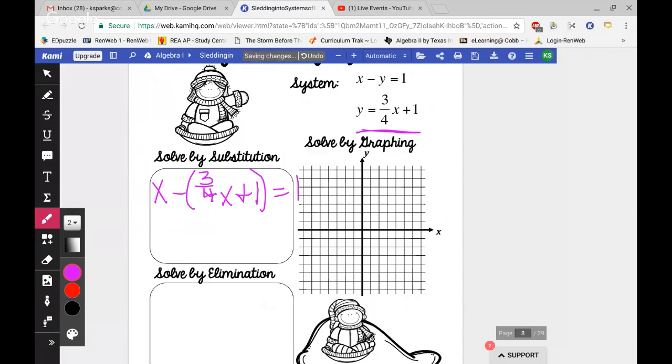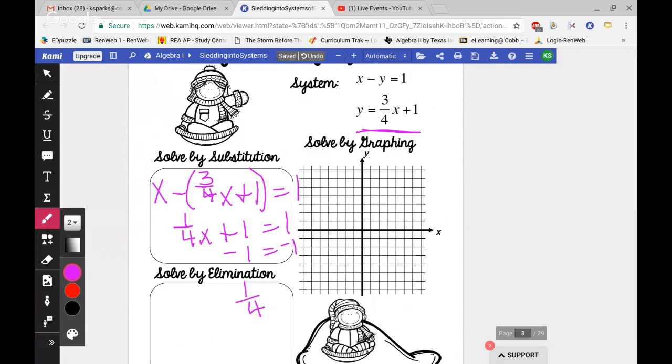Well, x minus 3/4 x is 1/4 x plus 1 equals 1. I'm going to subtract 1 from both sides. And that's going to give me 1/4.